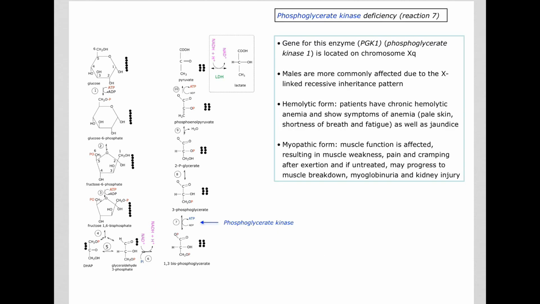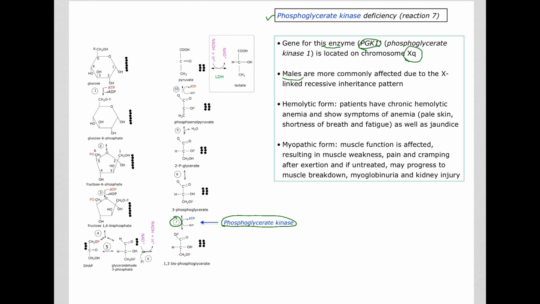In the disease phosphoglycerate kinase deficiency, this enzyme phosphoglycerate kinase, which catalyzes reaction number 7, is either absent or deficient or defective. The gene for this enzyme, PGK1, phosphoglycerate kinase 1, is located on the X chromosome.